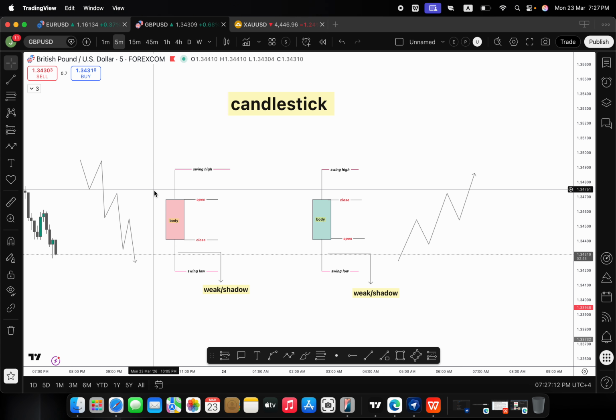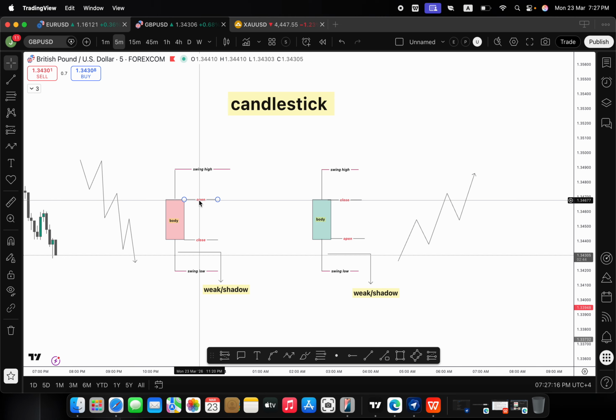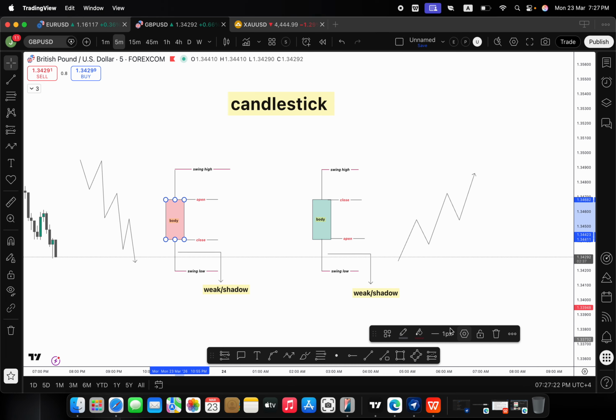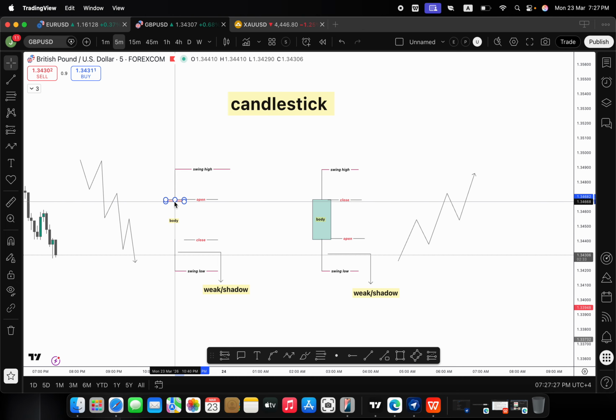So in bearish markets, the price opens from the upside and closes what? In the downside. So when the price opens like this, it first of all advances to the upside before it starts coming down.